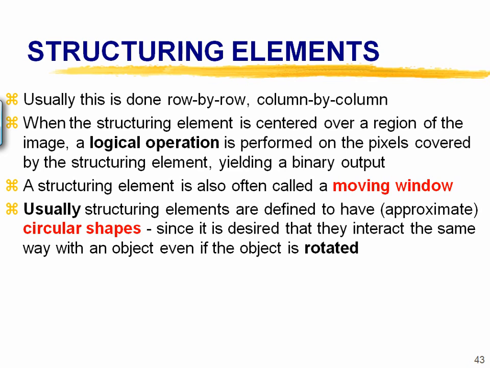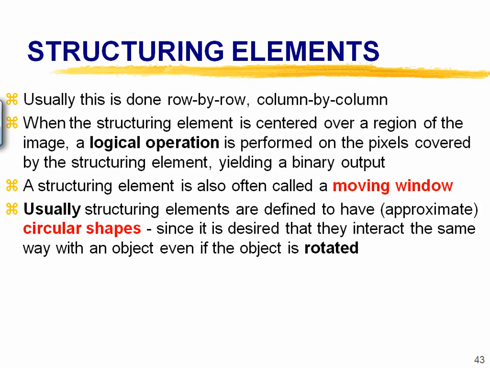All structuring elements that we construct, we tend to make them symmetric, so that whatever operation we perform on the image is symmetric over the image and is independent of the shape of the object.